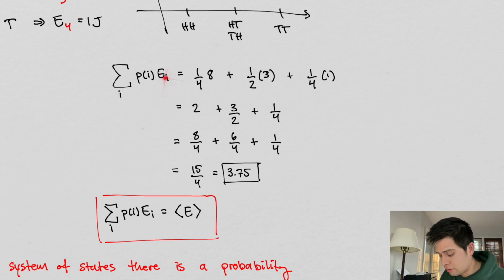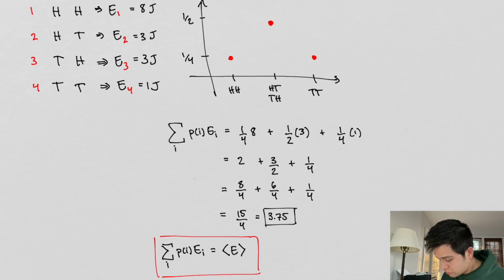And that's right here. So in this particular case, the probability of state 1 is a fourth. Probability of state 2 or 3 is going to be a half. And the probability of state 4, tails, is going to be a fourth also.